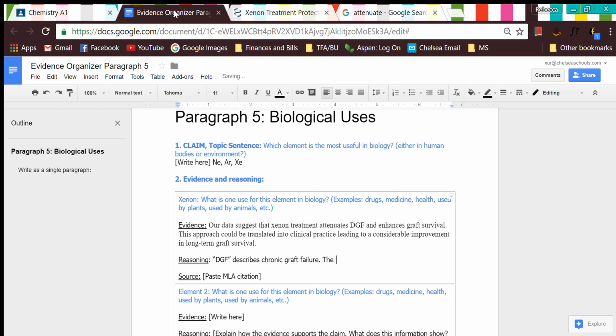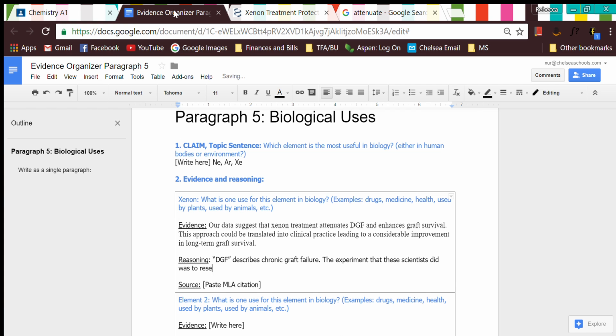And then you can say the experiment that these scientists did was to research kidney transplants. And then you can say what this is showing for xenon.